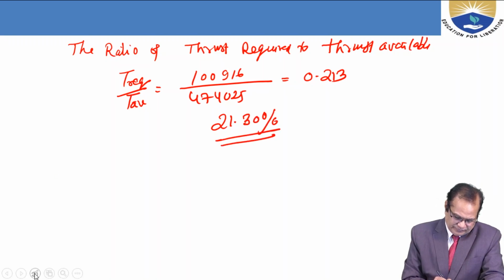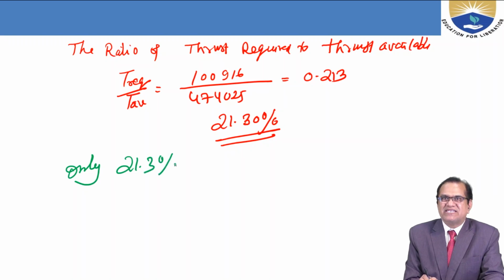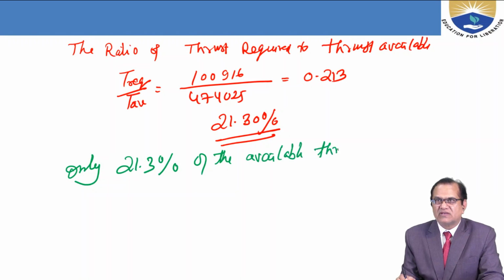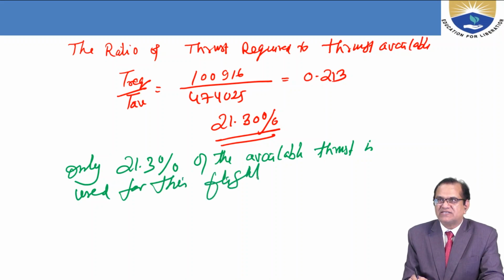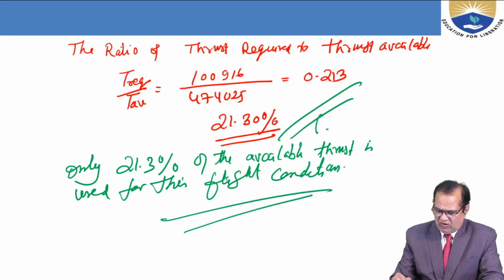So only 21.3 percentage of the available thrust is used for this flight condition. So this is your answer.